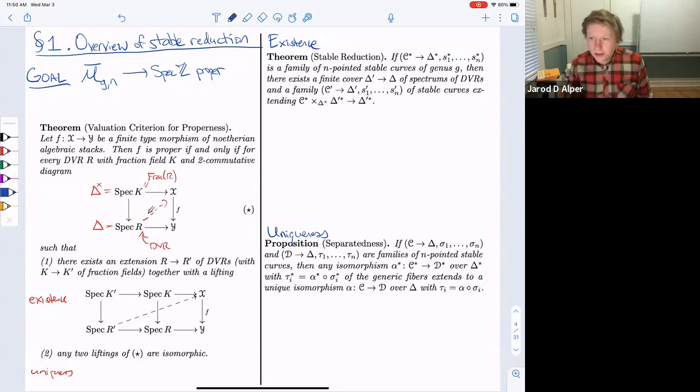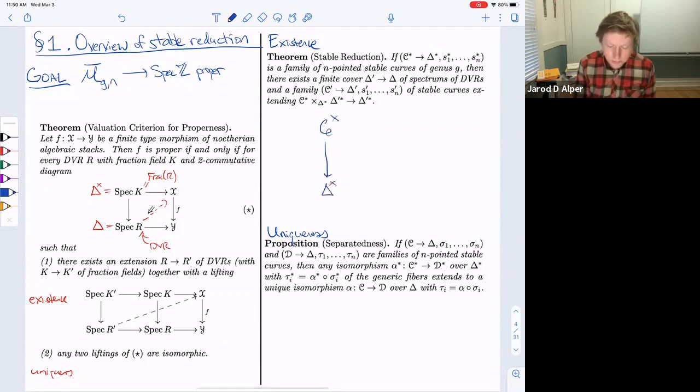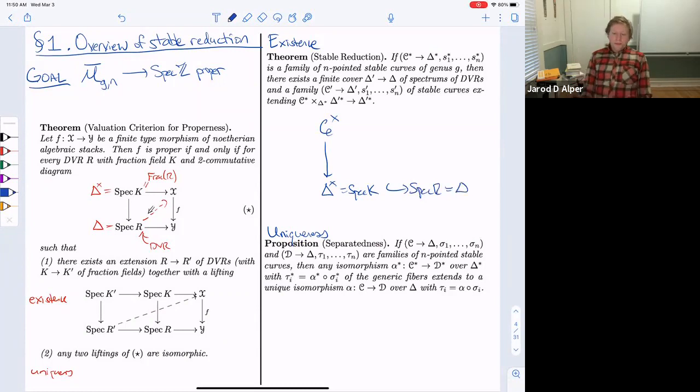So maybe I'll draw a picture here. We're starting with a family of curves, C star over delta star. This is just the fraction field of a DVR, and we're including it into the DVR delta. And then we also have maybe some sections, but let me first draw the picture without sections. In the unpointed case, what we're asking is a way to fill in this family of curves over the DVR, but we need to allow for a base change here.